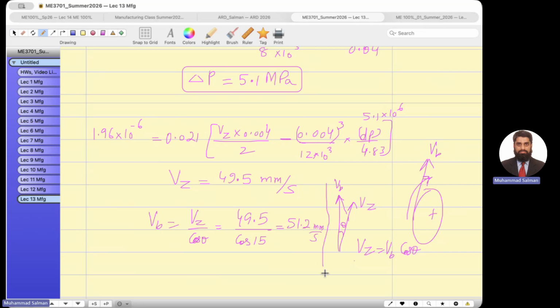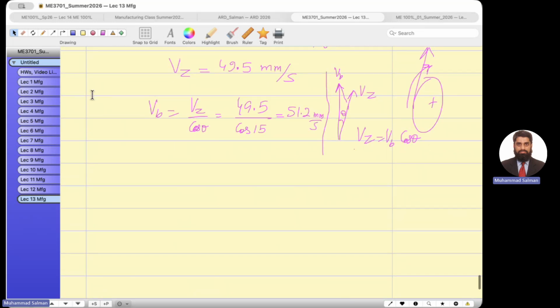Now once you find the tangential velocity of the barrel, you can tell me, Professor, v equals 2 pi n d. So let me write down V barrel, it is in millimeters per second, right?